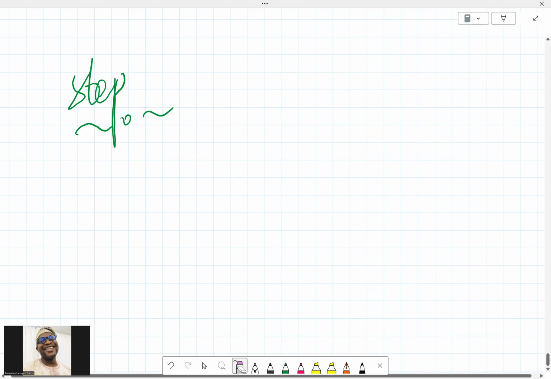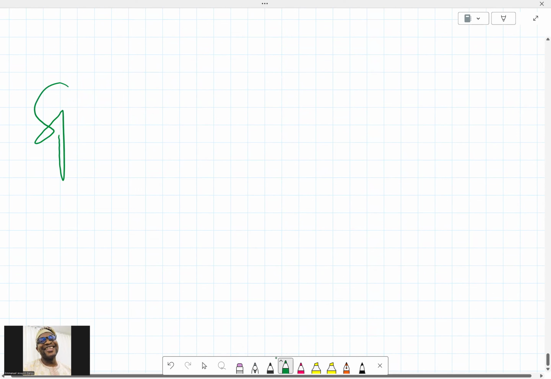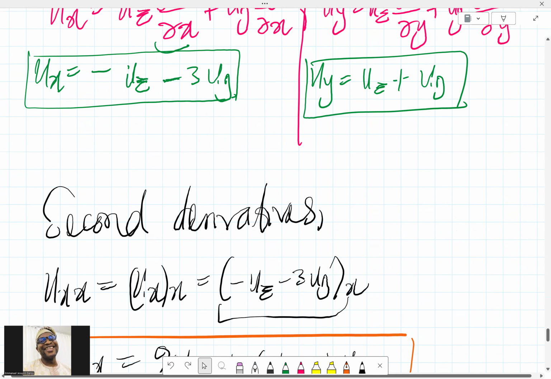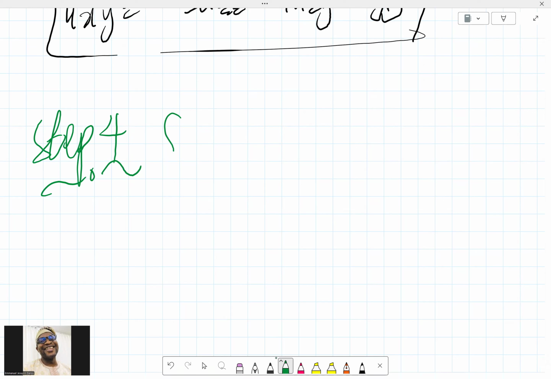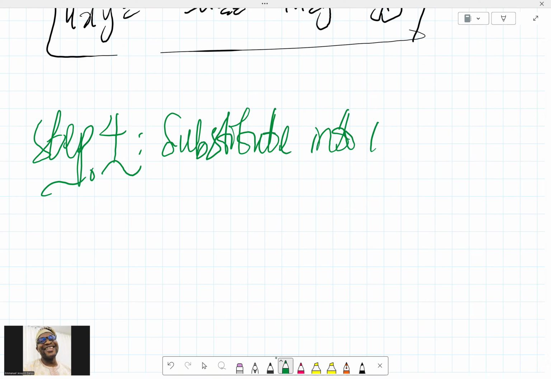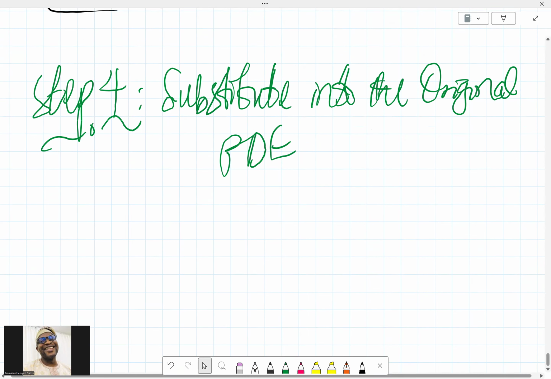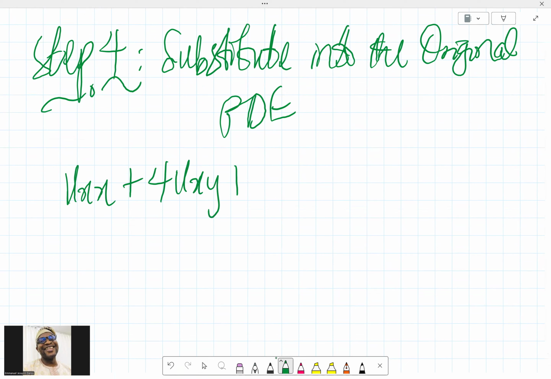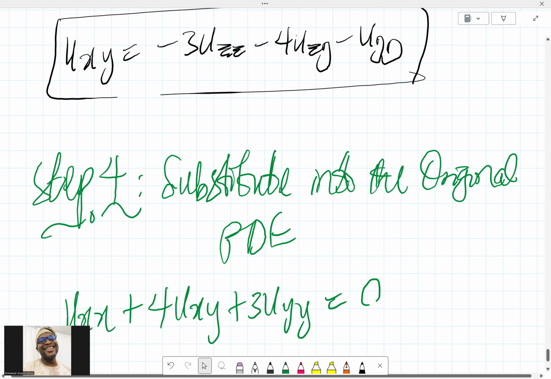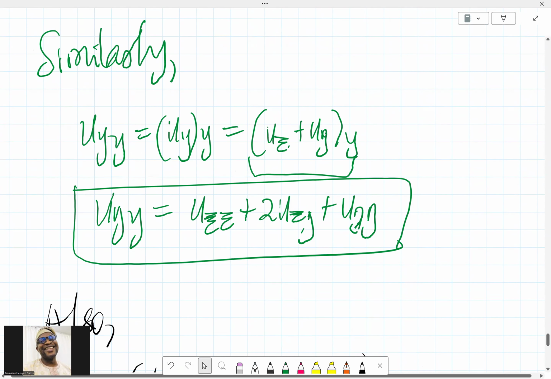It can be neater than that for sure, but let's use what we have for now. This is step four now. For step four, we can substitute into the original PDE, that is uxx plus 4uxy plus 3uyy equals 0. And we have all these expressions already. So uxx, we know uxx is up there.